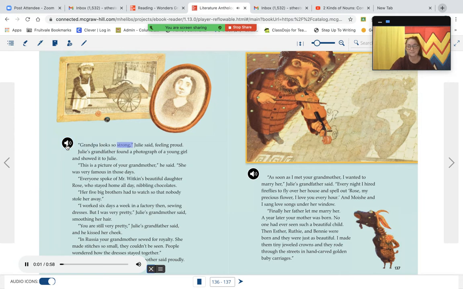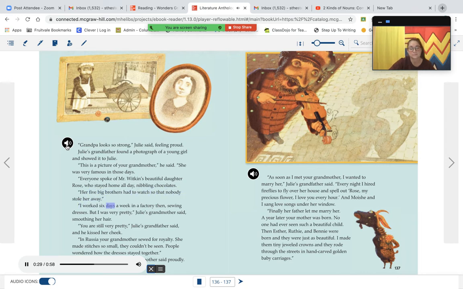Grandpa looks so strong, Julie said, feeling proud. Julie's grandfather found a photograph of a young girl and showed it to Julie. This is a picture of your grandmother, he said. She was very famous in those days. Everyone spoke of Mr. Whitkin's beautiful daughter Rose, who stayed home all day, nibbling chocolates. Her 5 big brothers had to watch so that nobody stole her away.